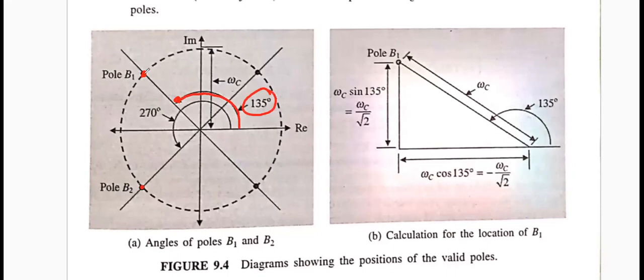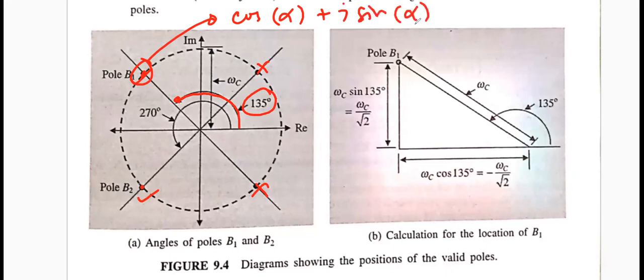Now we need to find the actual location of those. We will neglect these two. We'll take this and this for n equals 2. For this location, how can we find this? This is cos alpha plus j sine alpha.